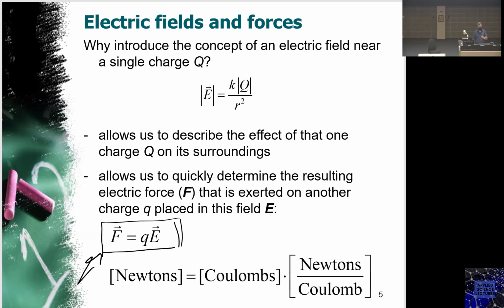If this small letter q has a negative charge, then it will flip the direction of the electric force. So the direction of the electric force in the existence of an electric field is defined by the sign of this small letter q.